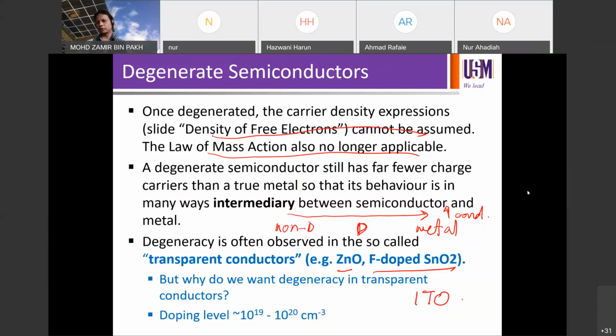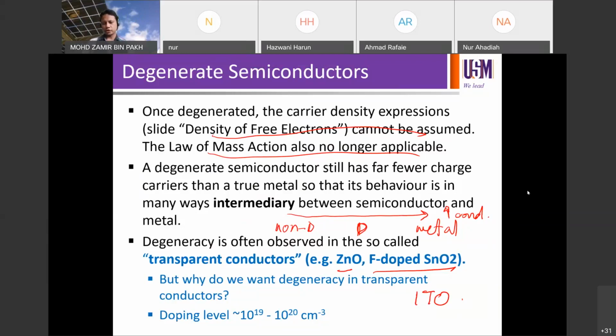What are the typical conductors that you learned before? What are the examples of conductors? The common ones. Give me some examples. Come. What are typical conductors you learned before? Yeah, okay, gold, copper, silver, platinum.